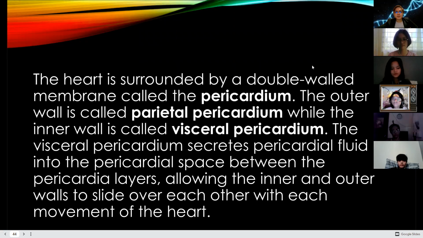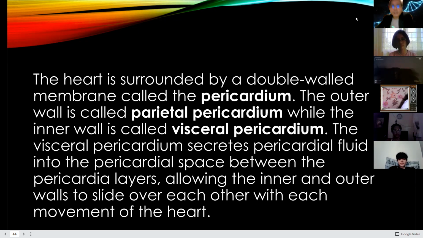The heart is surrounded by a double-walled membrane called pericardium. Pericardium is present in my specimen here. The outer wall is called parietal pericardium, while the inner wall is called visceral pericardium.